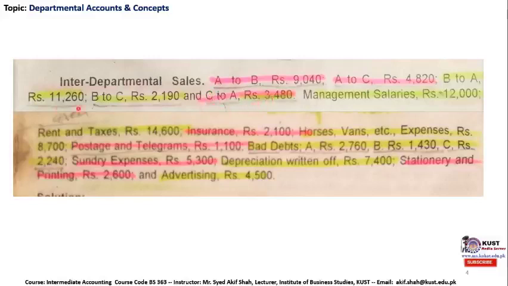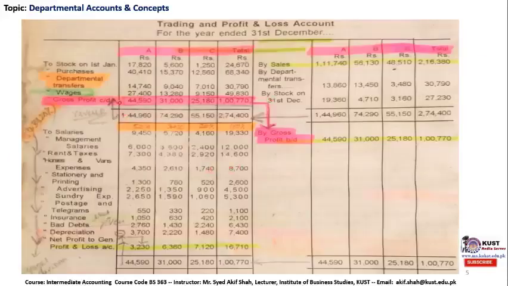If we sum up both these purchases of Department A, it comes to 14,740. These are departmental transfers, and this inventory has been purchased by Department A from Departments B and C.